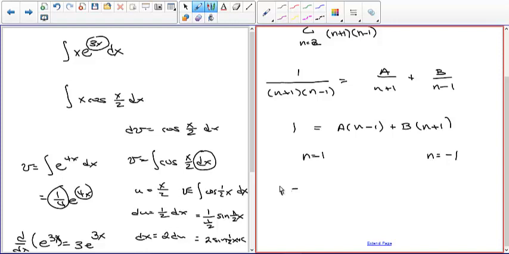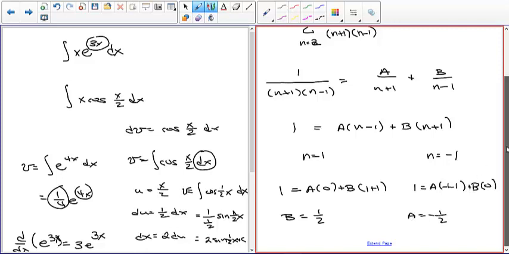If I let n equal 1, I'm going to have a times 0 plus b times 1 plus 1. So 2b is equal to 1, and b is equal to 1/2. And over here, 1 is equal to a times -1 minus 1 plus b times 0, so a is equal to negative 1/2.